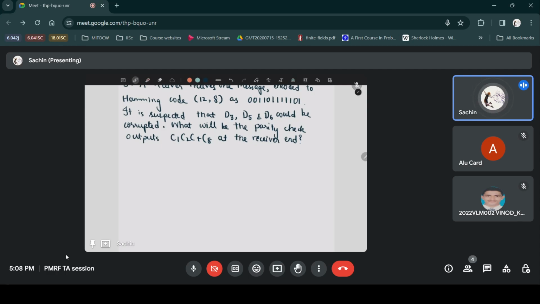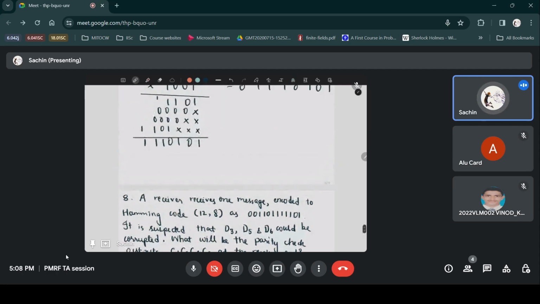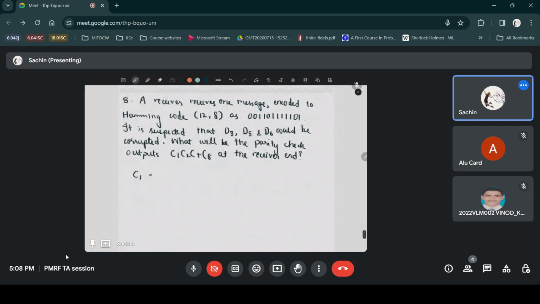For that we have to first find the parity bits. The first check bit C1, you get it by XORing the first parity bit P1 with D3, D5, D7, D9, and D11.